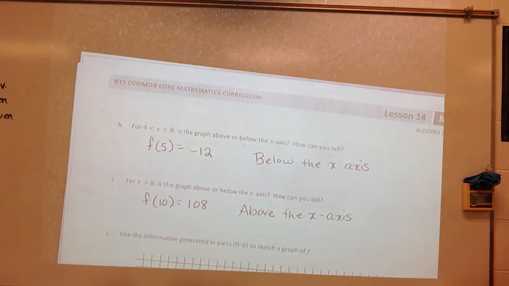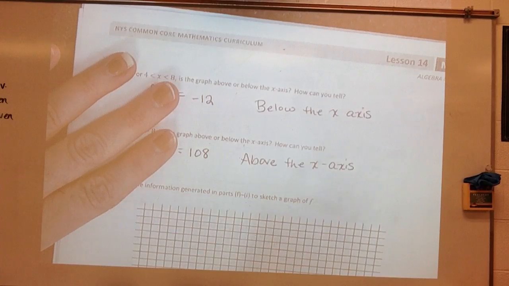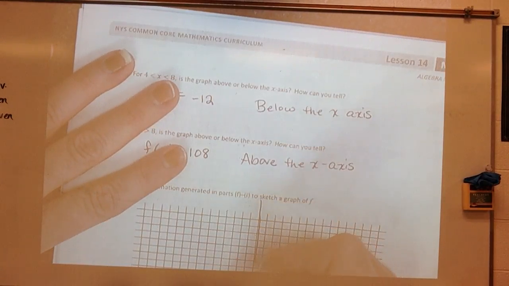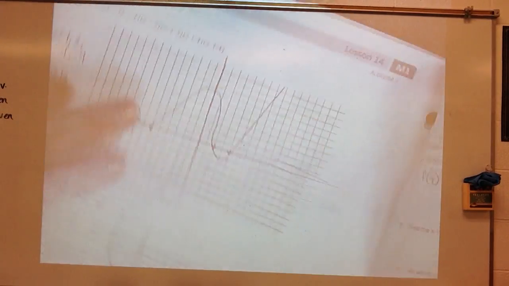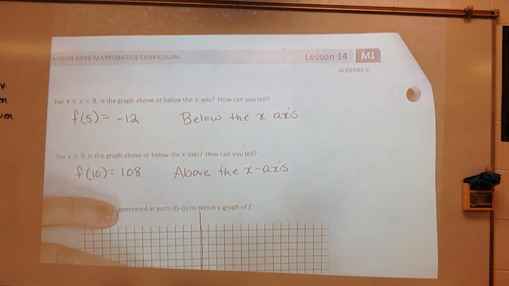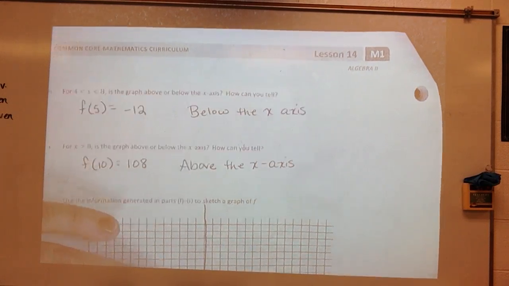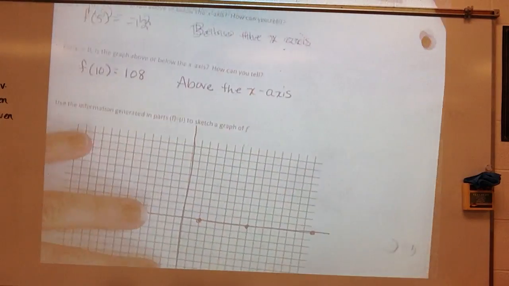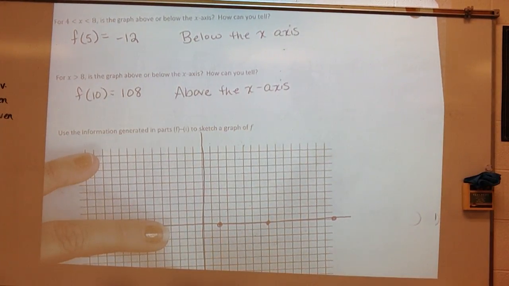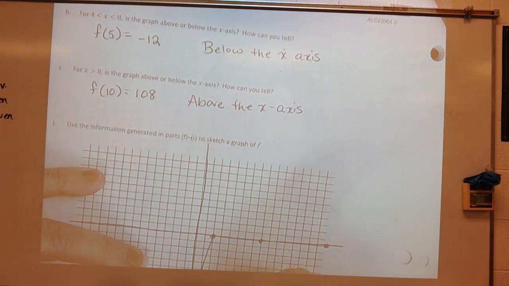All right, so it wants us to graph this. We said we had zeros at 4, 8, and 1. So if x is less than 1, at 0 it was negative 32, so we'll go somewhere around in here so I can connect those.